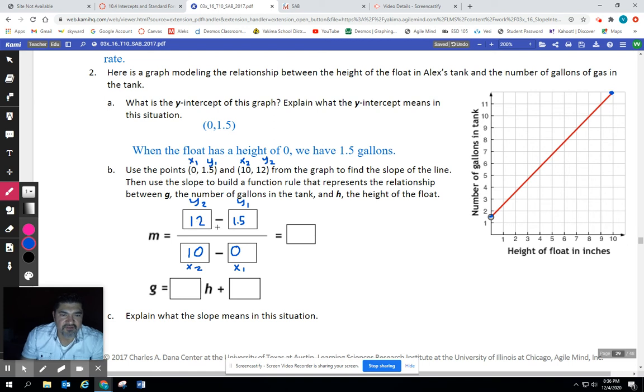And then I have 12 minus 1.5. Okay, 12 minus 1.5 ends up being 10.5. And on the bottom, 10 minus 0, that's 10.